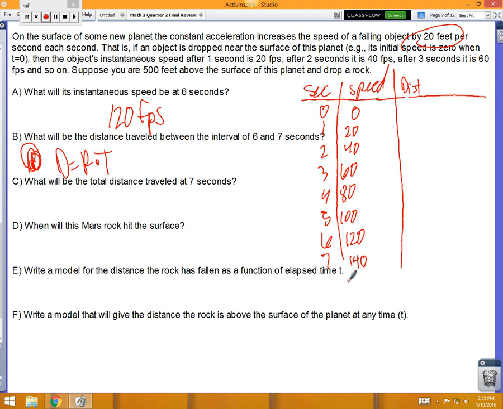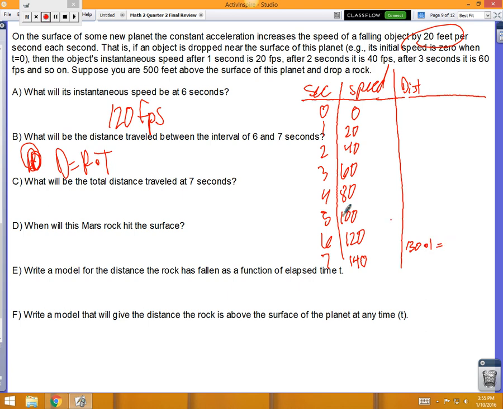So the speed's changing, and if your speed is changing, you don't really know what to use for speed, but because it's changing at a predictable rate, we can just use halfway between 120 and 140. So we're going to use 130 as my average speed, and I only care about the distance between that 6th and 7th, so 130 is the average speed for that 1 second interval, times 1.